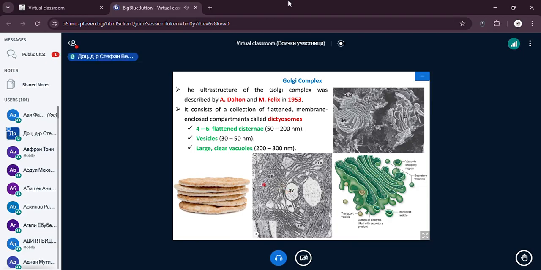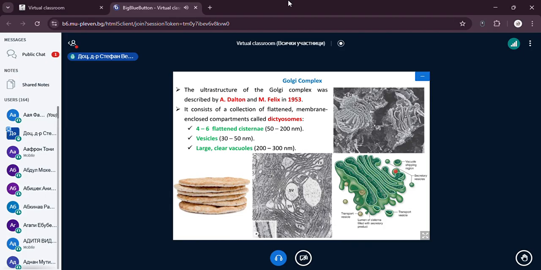This structure of the dictyosome was described as resembling the stack of pita bread. So these are the flattened cisterns, 4 to 6. Sometimes in other animal species, the number of these cisterns can reach up to 20, but in the human eukaryotic cells, the dictyosome consists of 7.